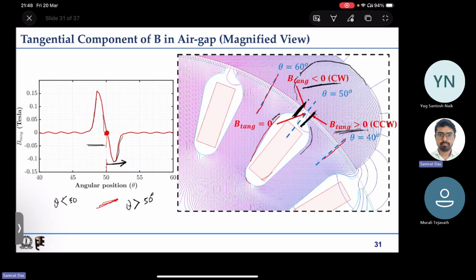So this explains the relative values and the shape of tangential component of flux density, and you can see that it is roughly 0 when you are directly under the teeth. If it is directly under the teeth, then you have almost 0 tangential component of flux density here.